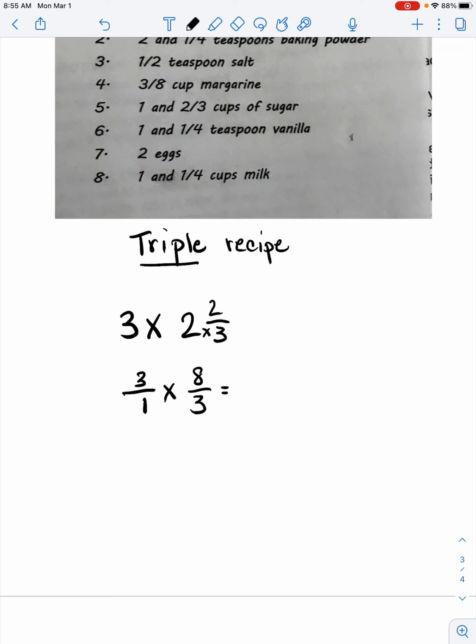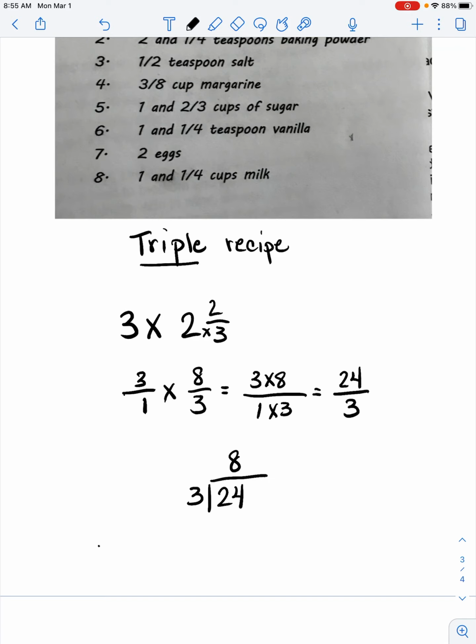Okay? And so we have 3 times 8 is 24. And, well, I kind of took the shortcut there. 3 times 8 over 1 times 3. We don't want to skip any of the steps. 3 times 8 is 24 over 3, and 24 divided by 3 is going to give you 8.